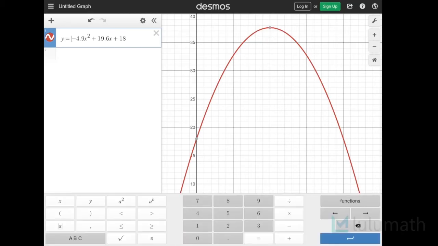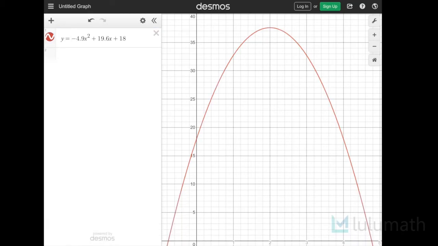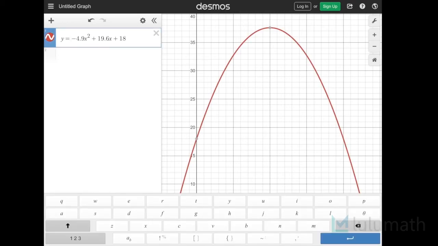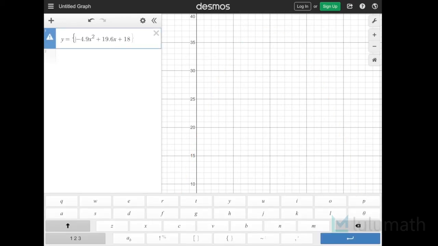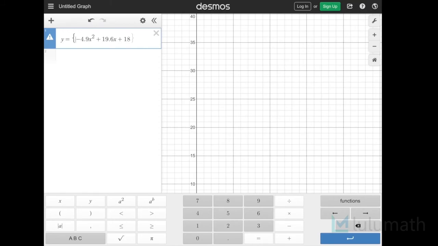Now, we can actually restrict the domain in Desmos so we only see the path of the ball where we want to see it. We won't get any negative values at all. I'm going to put a set bracket right here, and tell Desmos that I only care about the x values from 0 to the 4.77 that we got as our root.